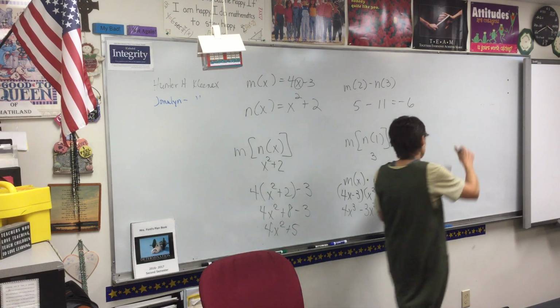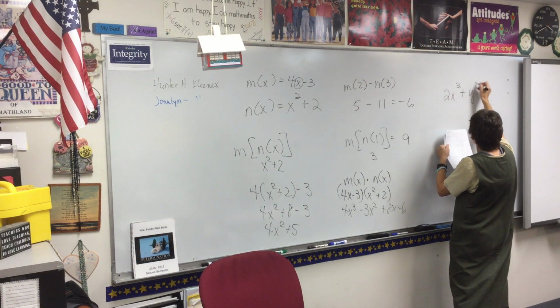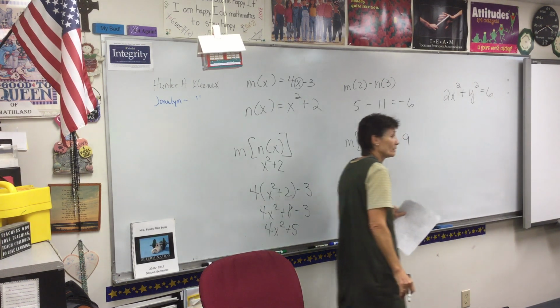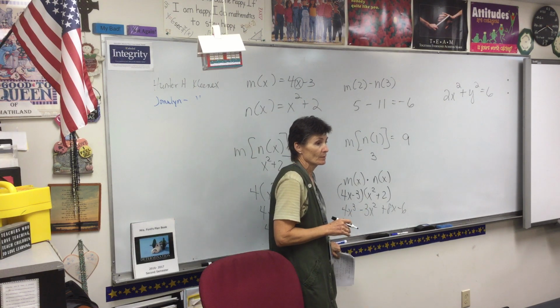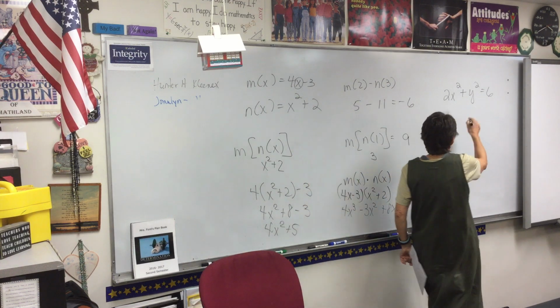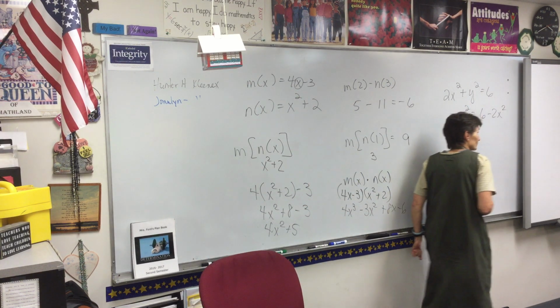Okay? So speaking of stopping, these we sometimes get carried away with too. Don't get carried away. You're finding the implicit functions. So we got y by itself. So we'll subtract the 2x squared. That's it.